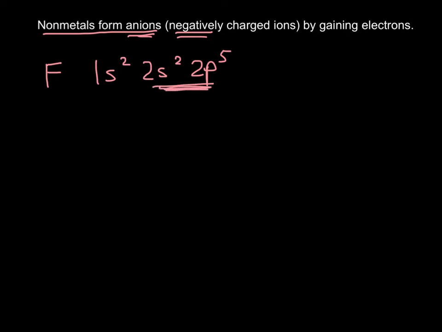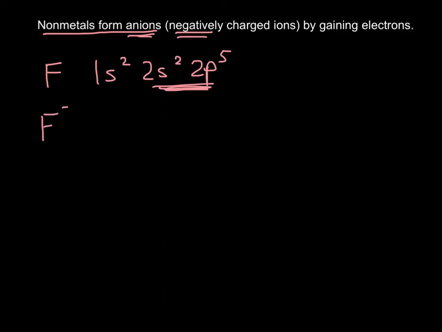Nonmetals form anions. These are negatively charged ions formed by gaining electrons. So for instance, F is 1s2, 2s2, 2p5. What it wants to do is gain 1 more electron because of the octet rule, so it can be 2s2, 2p6.